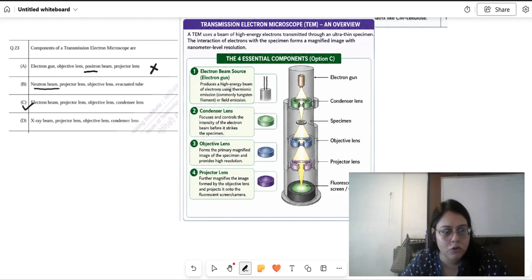It is not an electron ray but an X-ray beam. So all other options are incorrect. If you match with the diagram, only option C is the correct option.